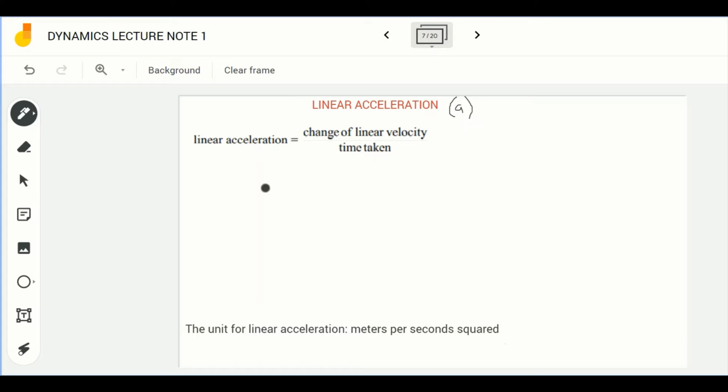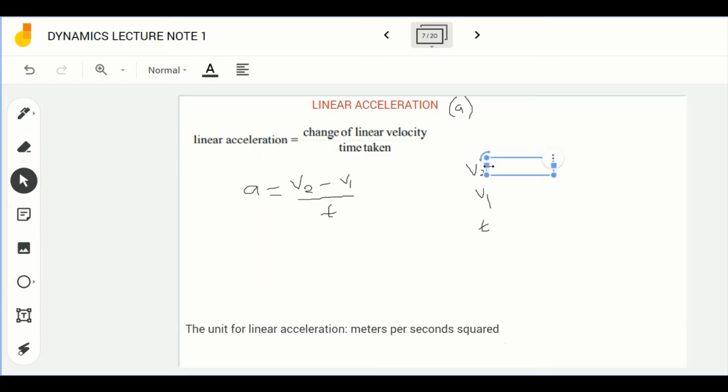Or I can say A equals V2 minus V1 over the time. Now, V2, V1, and T. Your V2 is the final linear velocity.